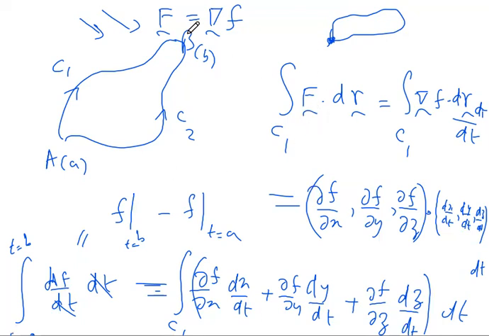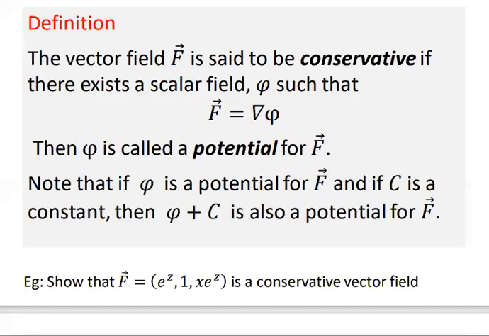And the other important thing is that if you move this particle from A to B under this conservative field, the work done does not depend on the path, but it depends on the starting point and the ending point. That's all. So that is a good result.